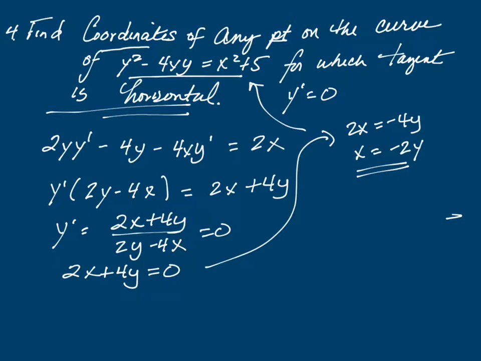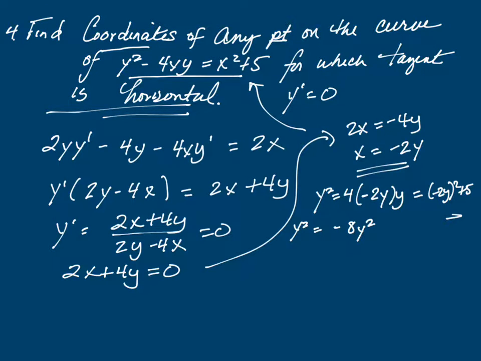So we would say y squared equals 4 times negative 2y, that's x times y, and that equals negative 2y squared plus 5. So y squared equals negative 8y squared.